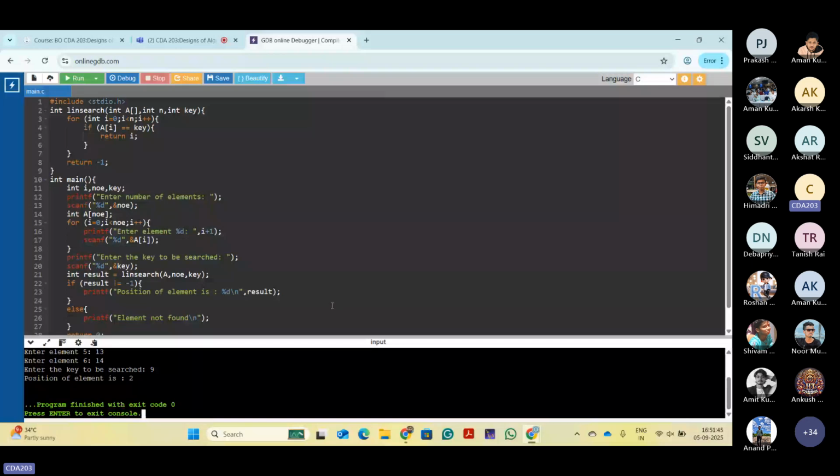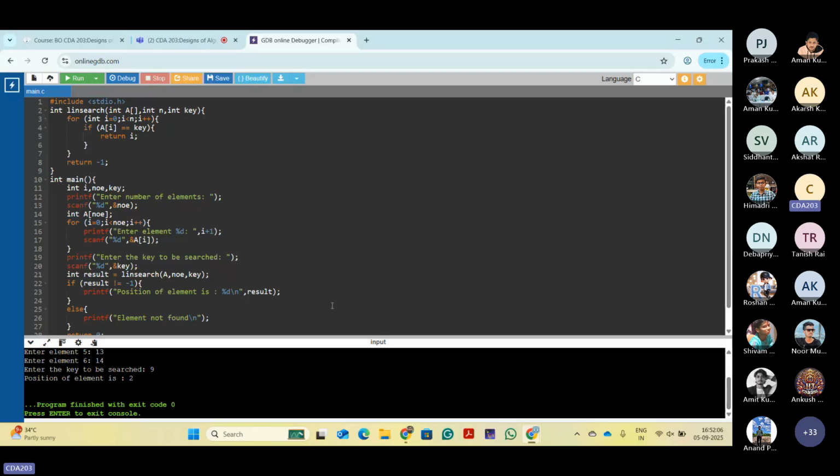Now, I've done these two codes. Searching is complete. So let's solve one problem. Yes, I've seen that. But you could have omitted the function.